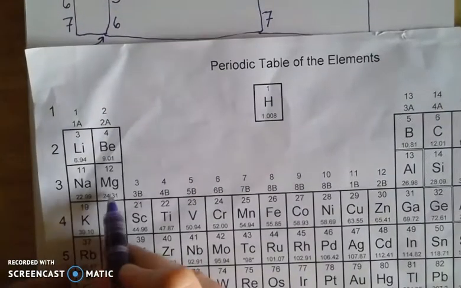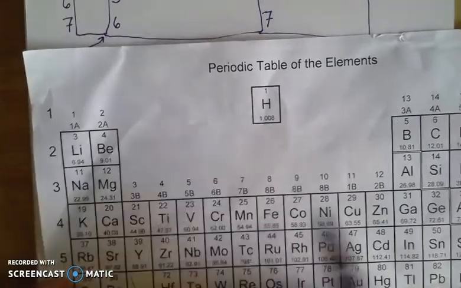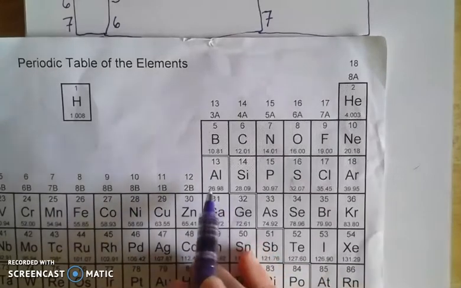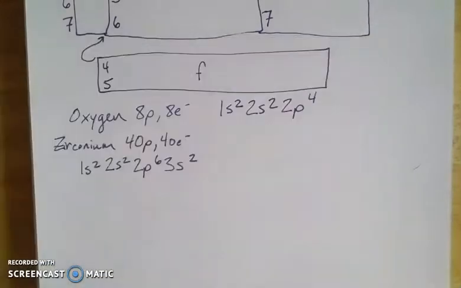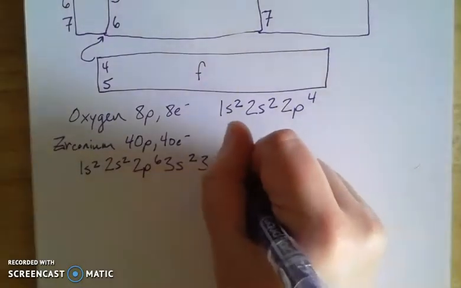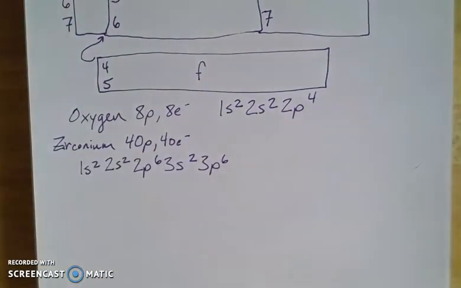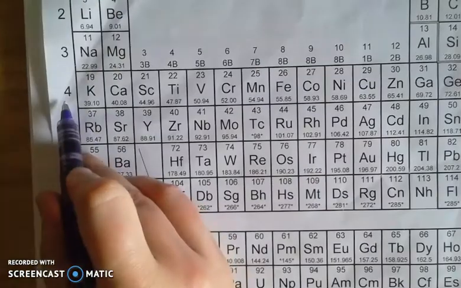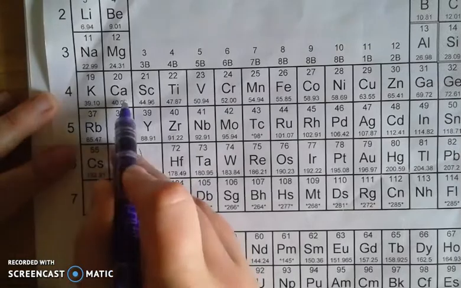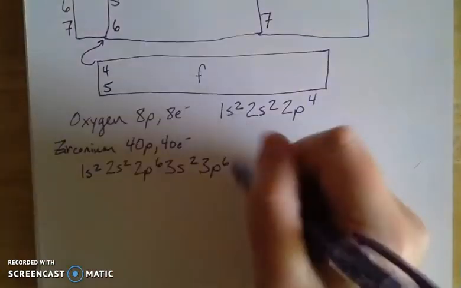That counts me over to magnesium here. I'm going to hop over to aluminum in the P block to get from aluminum through argon. That's in the third period, the P block. There's 6 elements across. And now I go down to the fourth period. So I'm going through potassium and calcium here. That's my 4s2.